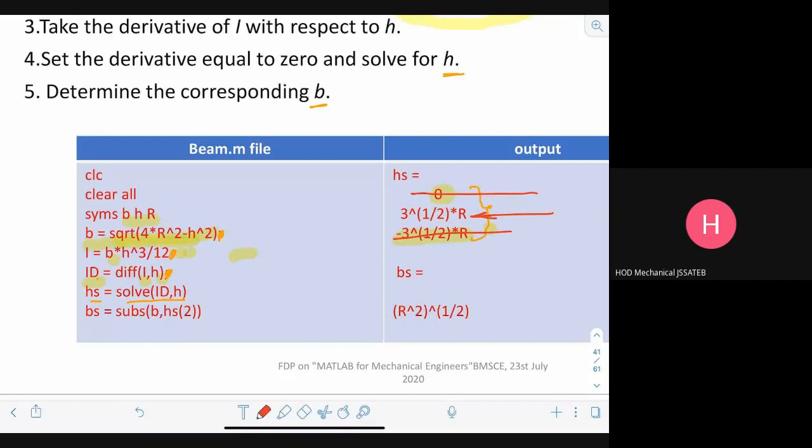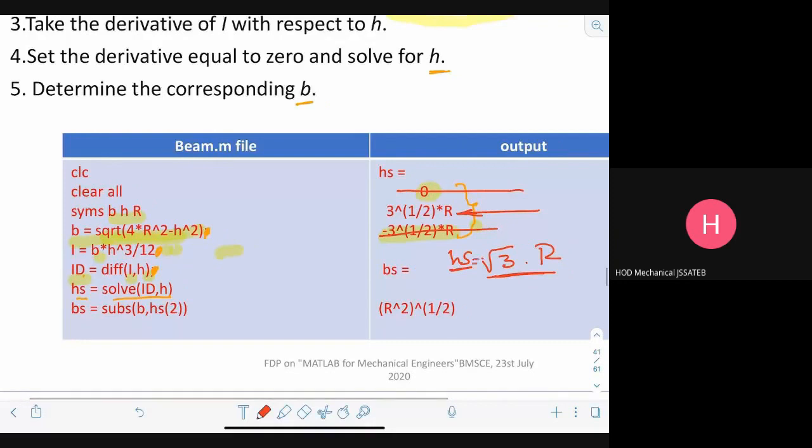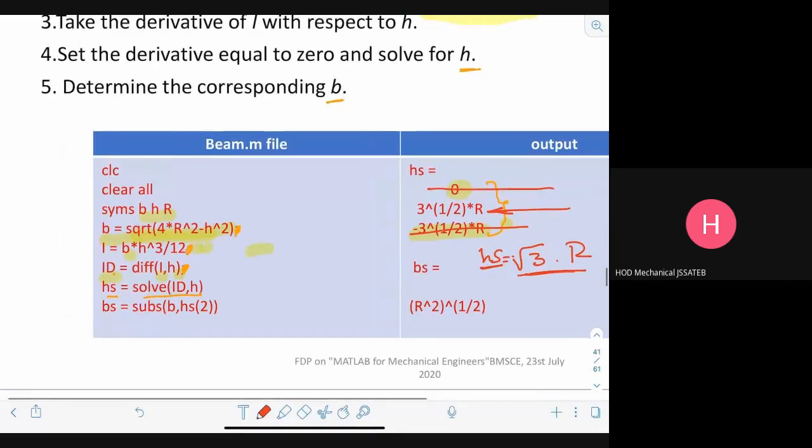The only non-trivial solution that I have in this is this one. Therefore, you will notice that cube root 3 to the power of half into R is the optimum value of HS. So 1.73 times the radius, if you take it, you'll get the optimum value of HS. Now, that HS, this value of root 3R, has to be substituted in B. To substitute that value in B is this expression.